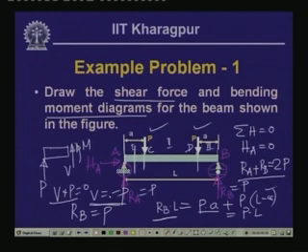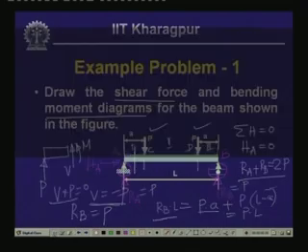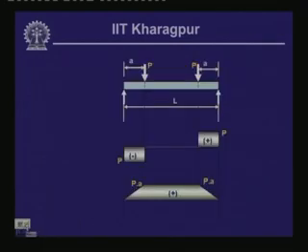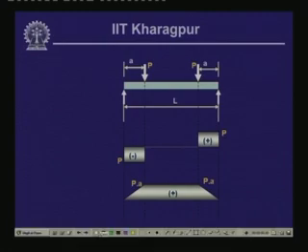Now, if we take the segment over here, let us see what happens to this particular diagram. As we have seen, on segment 1 after taking the free body, V is equal to minus P. Now let us take a section in segment 2 and cut a free body diagram, which looks like this.